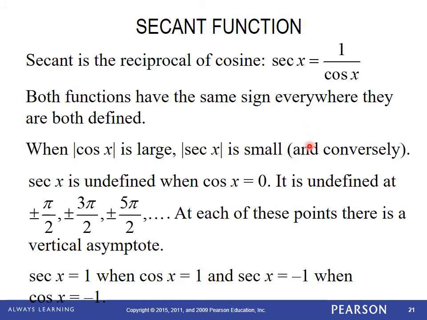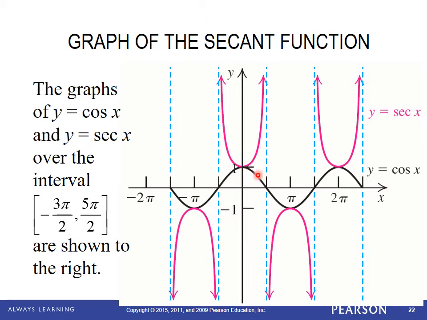All right, let's also take a look at the secant function. Again, secant is the reciprocal of cosine. You can take a look at all these things right over here, but it's probably better just to take a look at a graph. So the cosine function, remember it starts off at positive 1, goes all the way down to negative 1, and then goes all the way back up to 1.